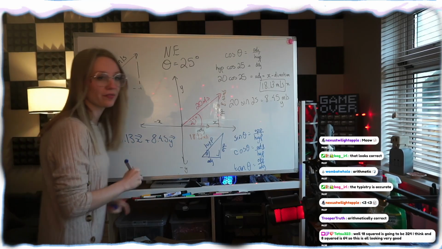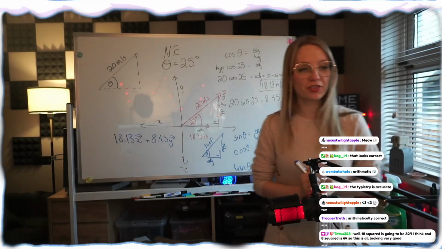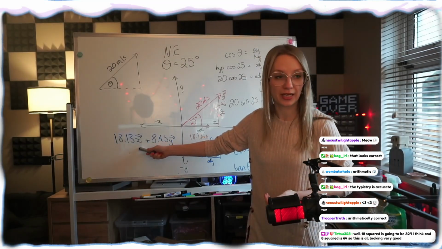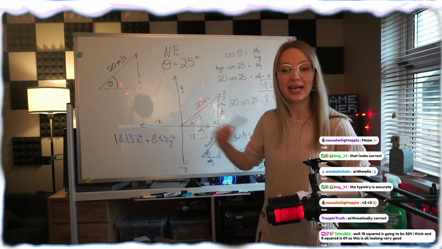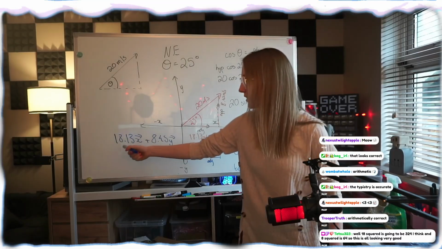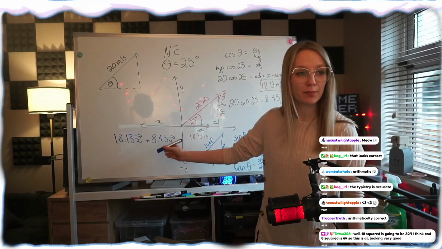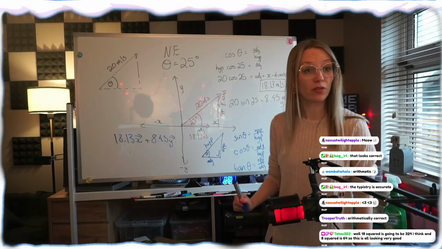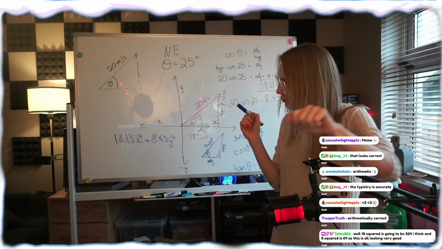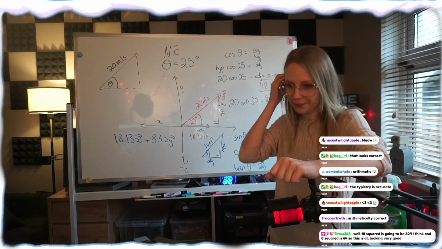Probably should put in the unit there, meters per second. What we've done is express it in a partial x vector direction and y vector direction. So we're saying that it's traveling in this direction in the x plus in this direction in the y. Or this magnitude, sorry.